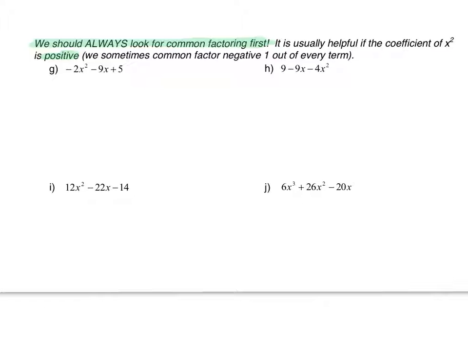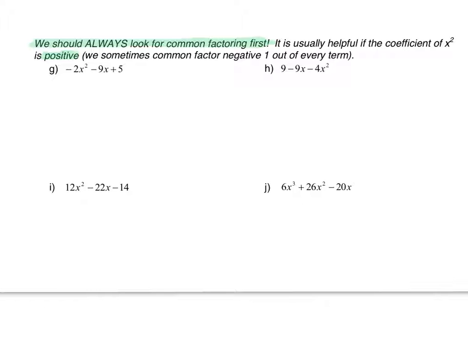So in order to have that happen, we sometimes need to common factor -1 out of every term. Or if there's another number you can take with that besides the 1, a negative value, then go ahead and do that. For example, in part G, I don't like to start with an x squared term being negative, so I'm going to common factor negative, and then I'm looking, is there anything besides negative that's common? 2 is the only even number, nothing else.